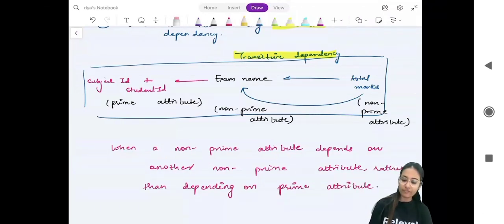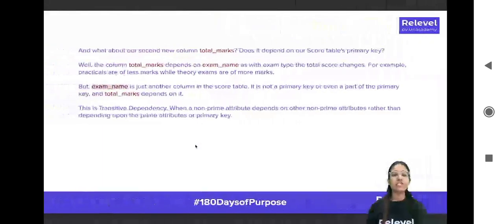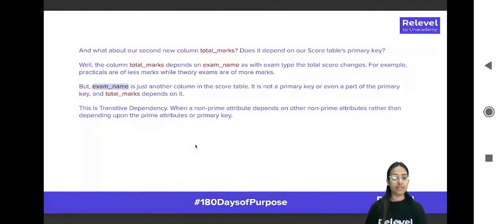Now, if this kind of a situation happens, it is known as transitive dependency. And you always have to make sure that never in your tables you do have transitive dependency present.